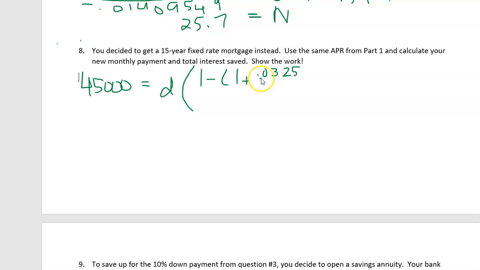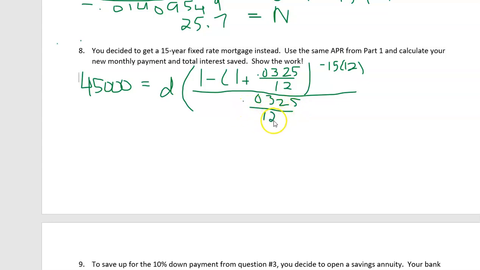We're still making monthly payments, but instead of 30 years, it's 15 years. All right, so again, let's cheat just a little bit.